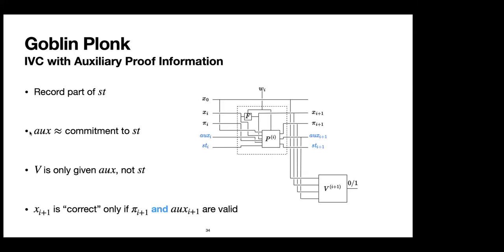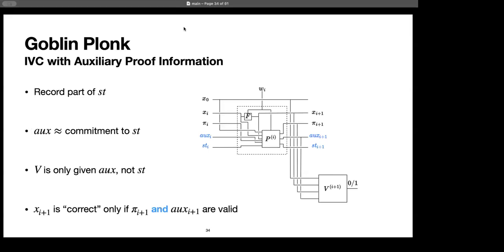No, I'm just confused. Why is it not IVC? Because folding is a particular kind of IVC, and it has exactly the same problem. I'm sorry, maybe it's just pedantic, but in folding, your proof also does not attest that your commitments actually correspond to solutions of the circuit or correct execution, right?